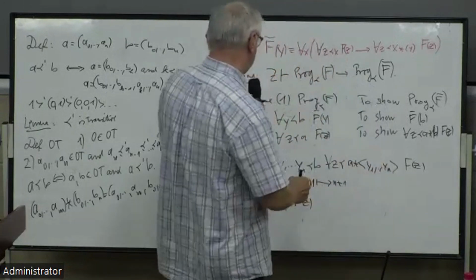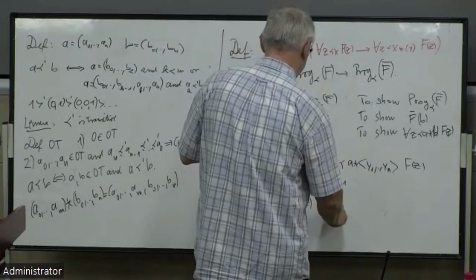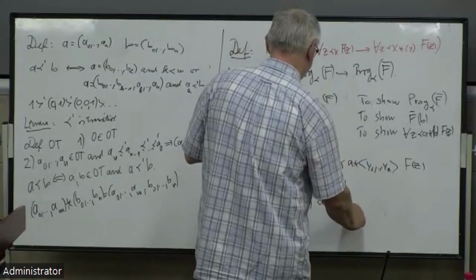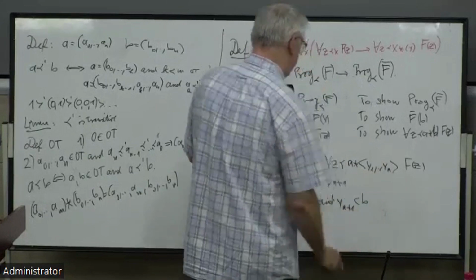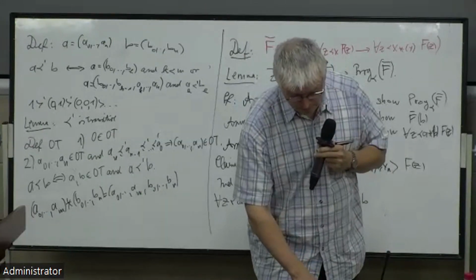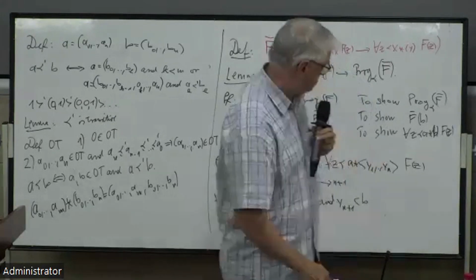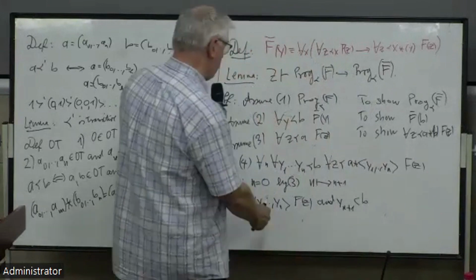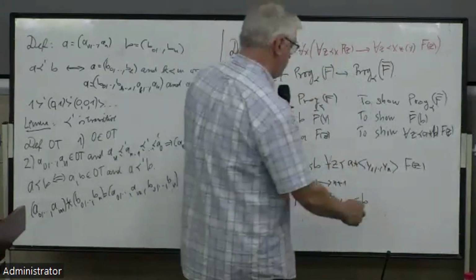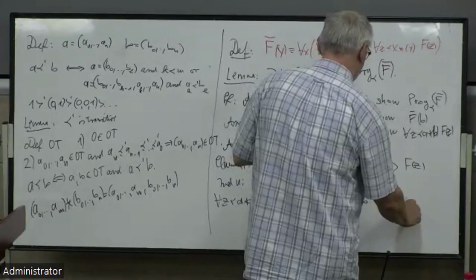Now, assume yn plus 1 is smaller than b, and assume also that the y1 to yn are also smaller than b.